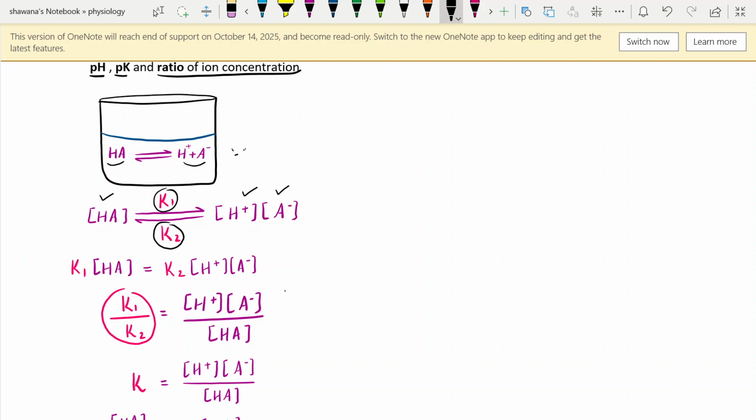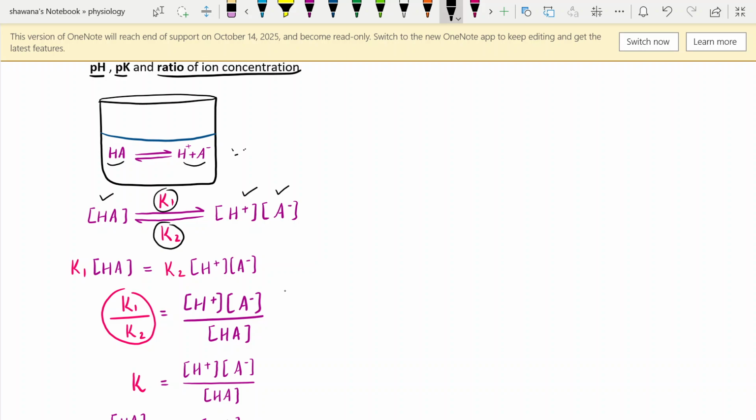When we take K2 to that side, it's K1 by K2, and the HA is going to divide by H positive and A negative. It's like common sense. In place of K1 and K2, we can write a big K. That's what is pK, and we are going to write it as pK later on. We can write K1 by K2 as capital K, and the rest is the same.